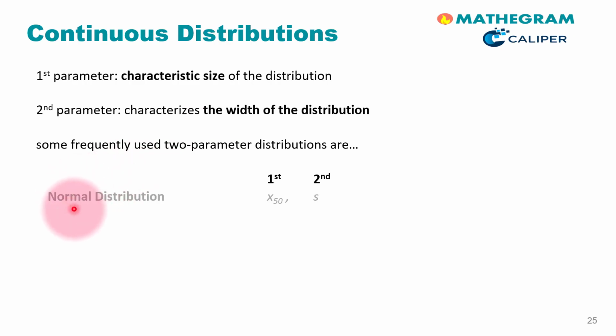A distribution you are possibly familiar with is the normal or Gauss distribution. As you might know, the two parameters are the median, in our nomenclature this is called the x50, and the standard deviation x. This distribution is gray on this slide, and this is for a reason.